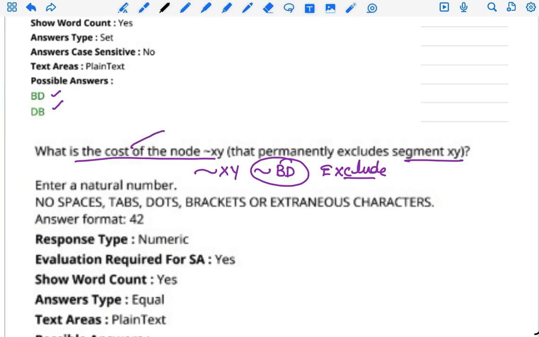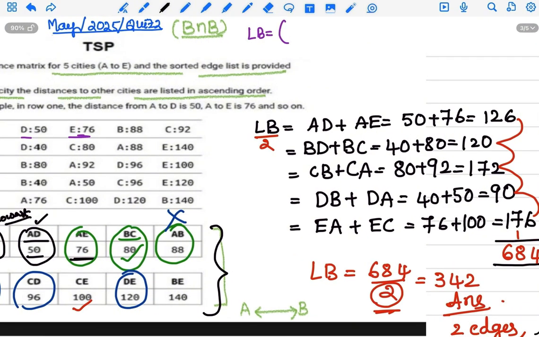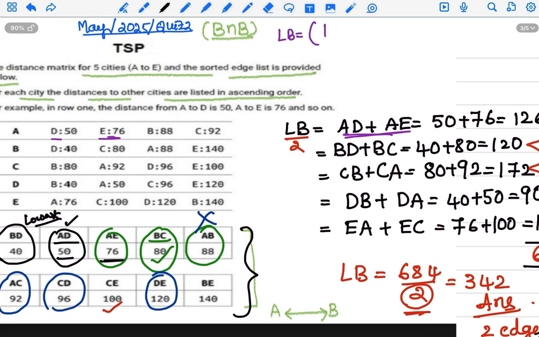That is, they are asking the lower bound without including BD. Lower bound is, so that is first distance AD 50 plus AE 76. So this is common, AD plus AE, that is 126 because smallest 2 edges, right?